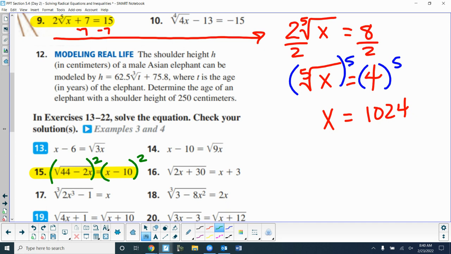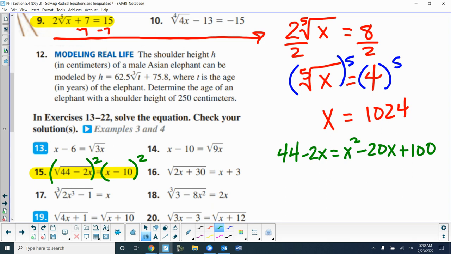Square root, we square both sides. So I got 44 minus 2x equals x squared minus 20x plus 100, right? You guys get that? It's x minus 10 times x minus 10, right? Yeah, I got that. So you got to FOIL it. That's how you get the x squared minus 20x plus 100.